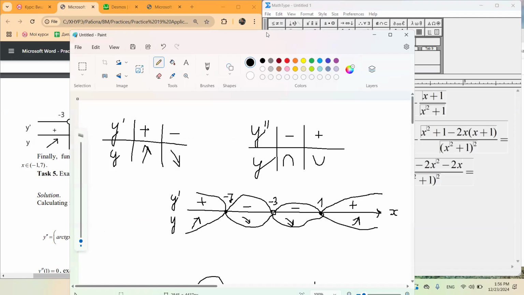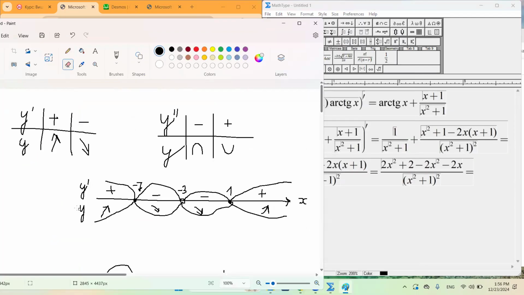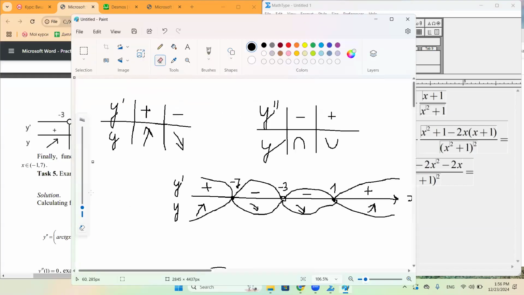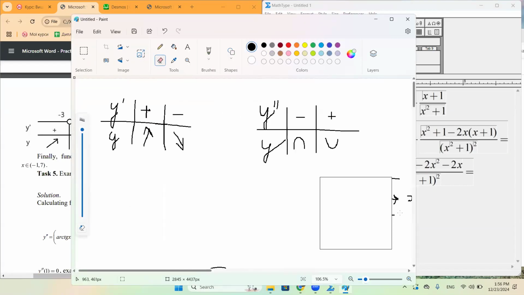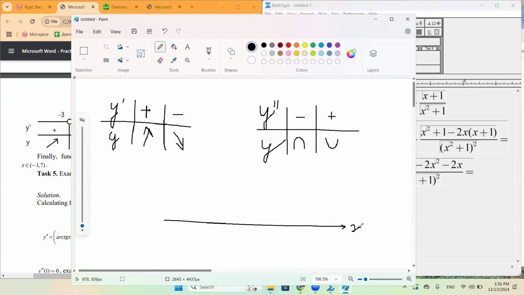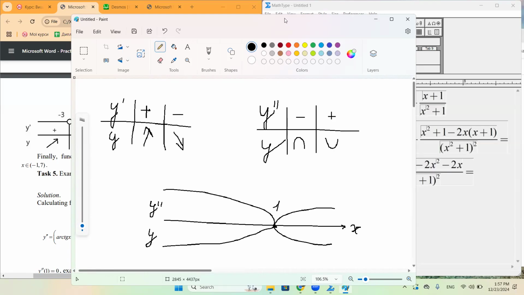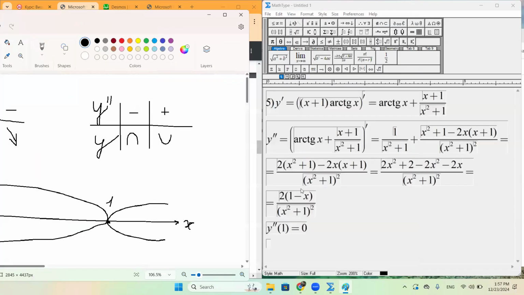So using the interval method, we have only 1 point, so 1. So y double prime and y. Now when x is greater than 1, what do we have?